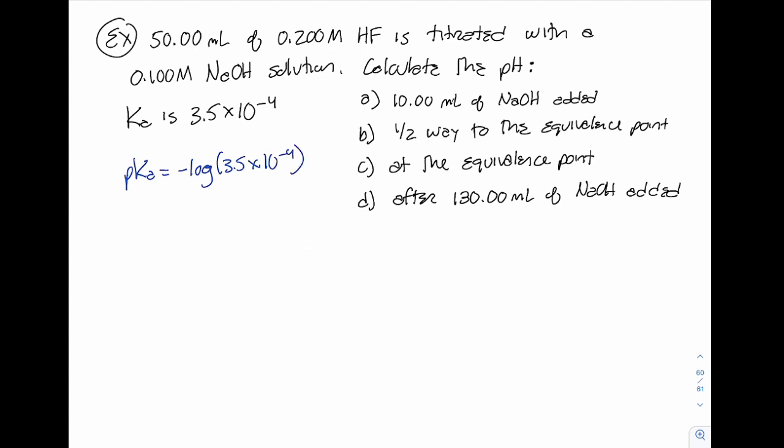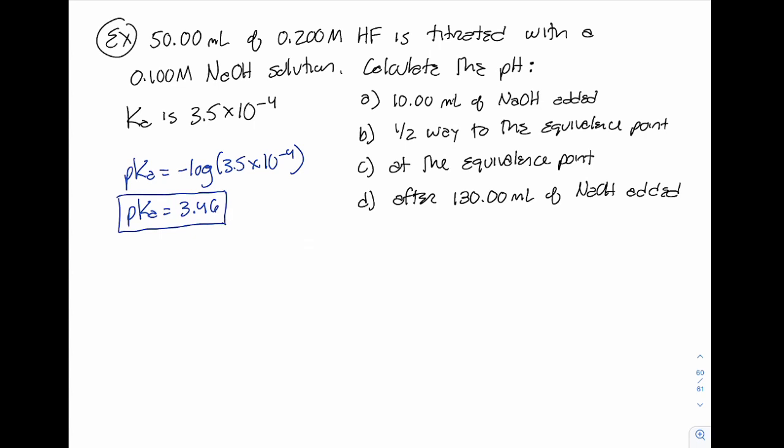So negative log of that, and I get that my pKa is equal to 3.46. I'm just going to put it in a box so I can find it easily later.